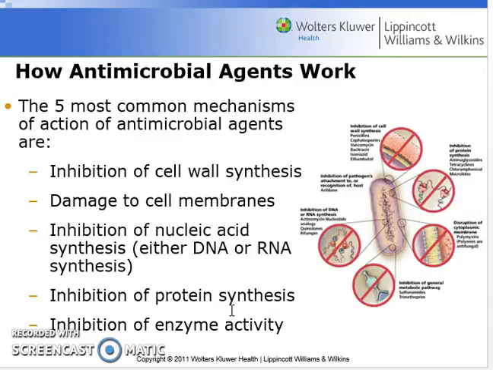Once you block that process, you inhibit it, which is why we refer to these groups as protein synthesis inhibitors. And then lastly, we have another common mechanism, a group of treatments known as anti-metabolites. They are anti the metabolism of the bacterial cells.